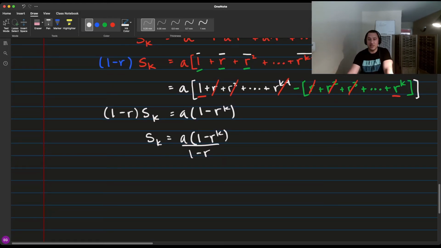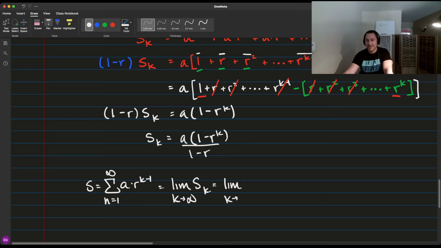I actually know that the infinite sum is equal to the limit of the partial sums, and I now have a formula for the partial sums. So the infinite sum is equal to the limit as k goes to infinity of a times (1 minus r^k) all over 1 minus r.